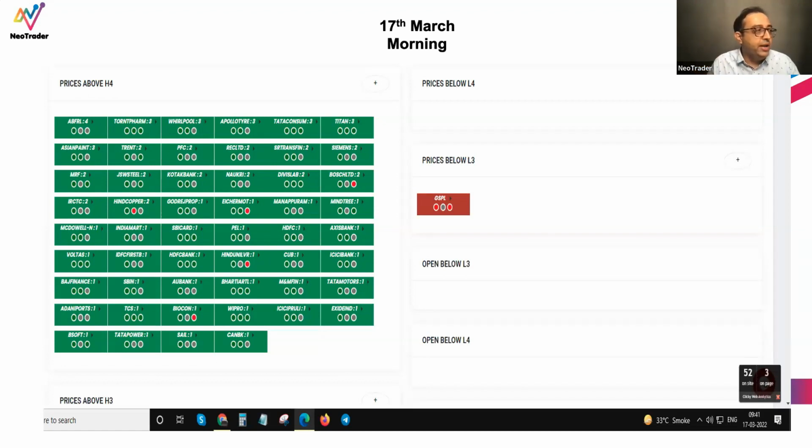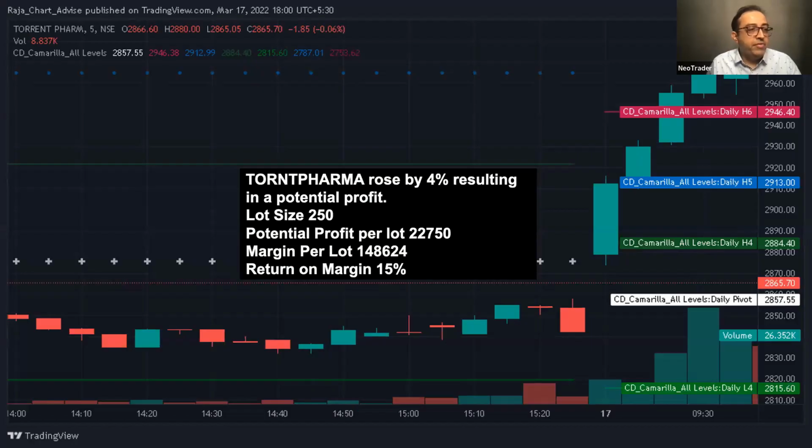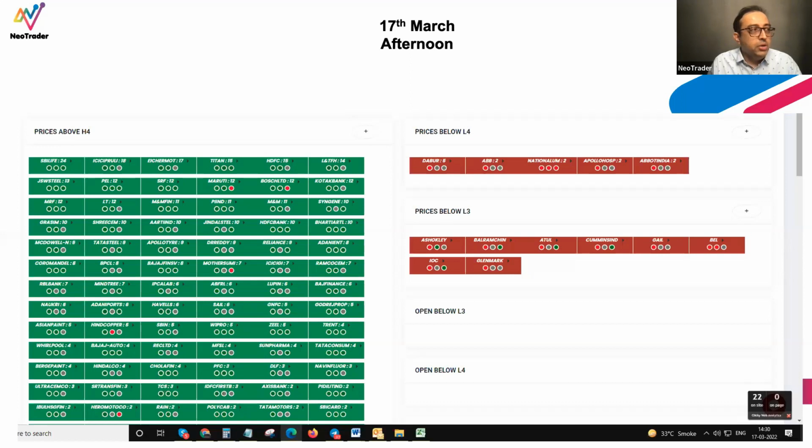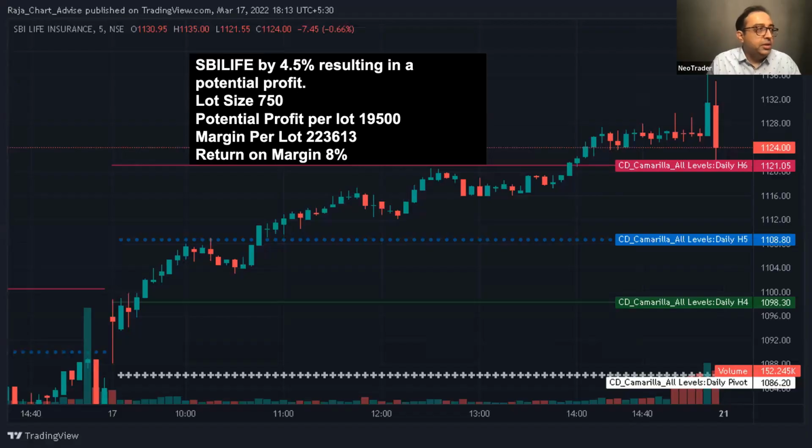Again, you can see here that yes, there was opportunity. This is on 17th morning, 9:40, and consistent opportunity. Again, Torrent Pharma moves above H4, take the trade, 15% return on margin. Again, you can see here on the afternoon at 2:30, SBI Life.